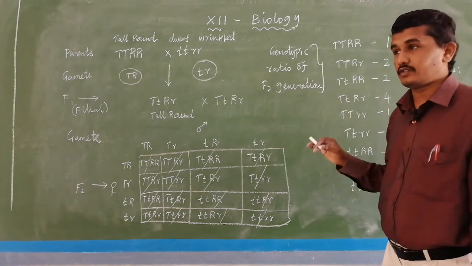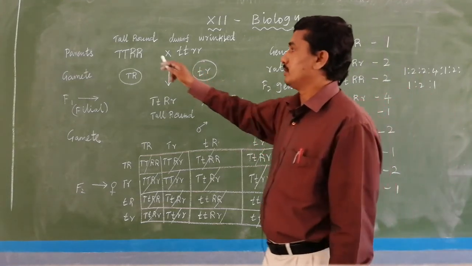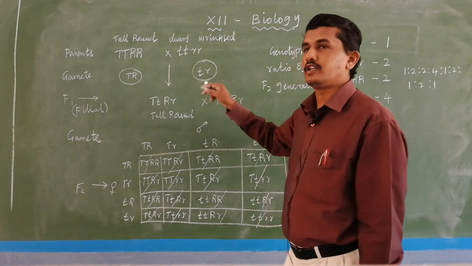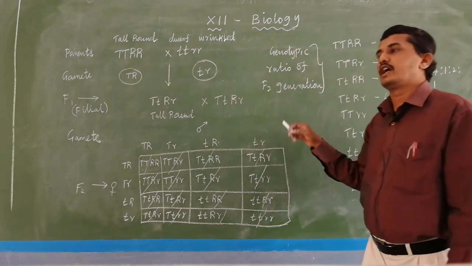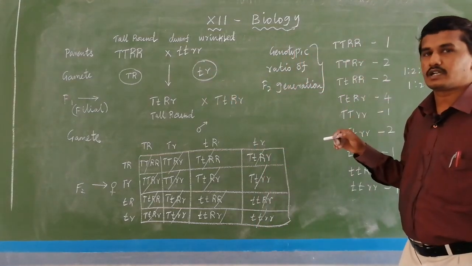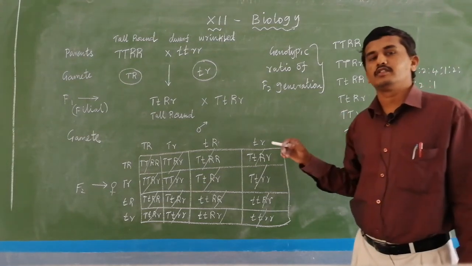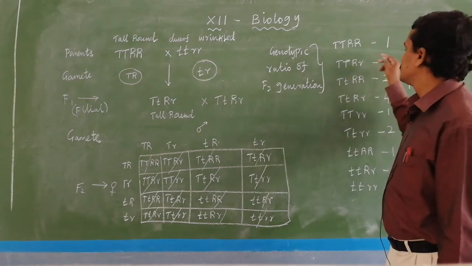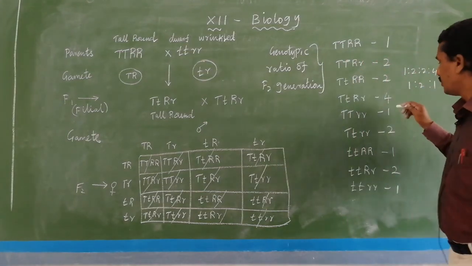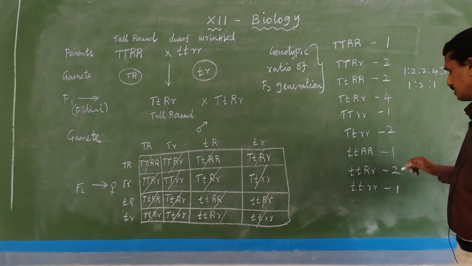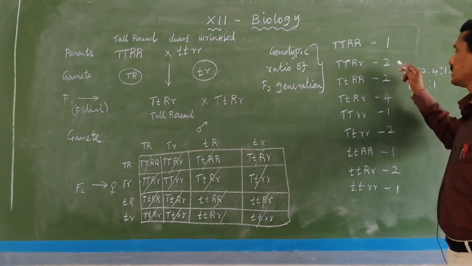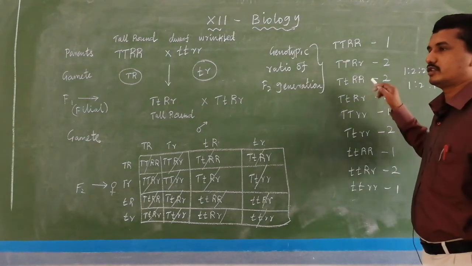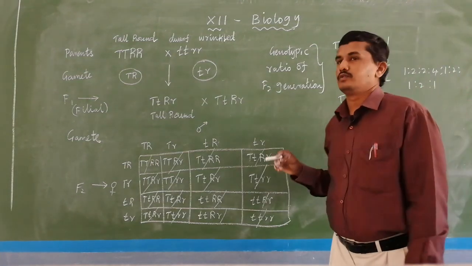Work out a cross and show the phenotypic ratio, what? 9 is to 3 is to 3 is to 1. And what is the genotypic ratio? 1 is to 2 is to 2 is to 4, 1 is to 2 is to 1 is to 2 is to 1. So, this is the genotypic ratio of F2 generation.